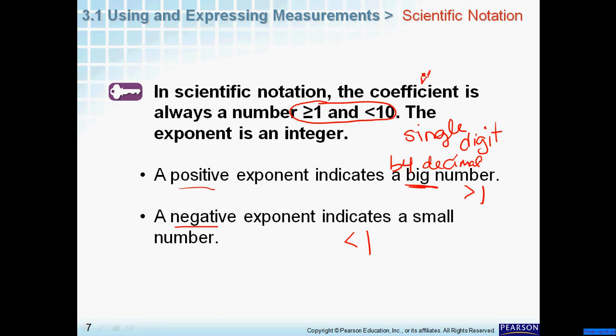Your coefficient is a single digit before the decimal. It can have a bazillion numbers after the decimal, but a single digit before the decimal. For your exponents, if it's positive, your number is greater than 1. If it's negative, your number is less than 1.